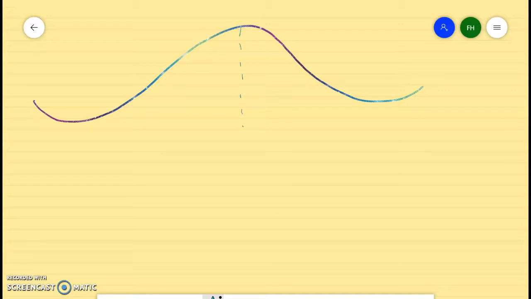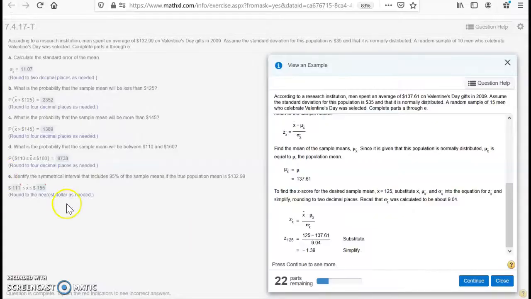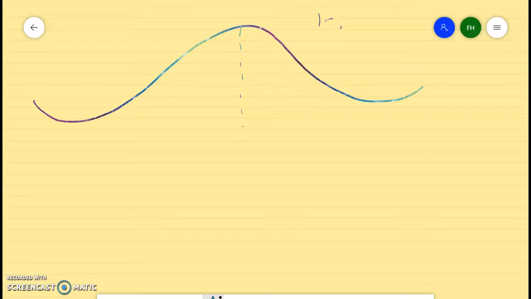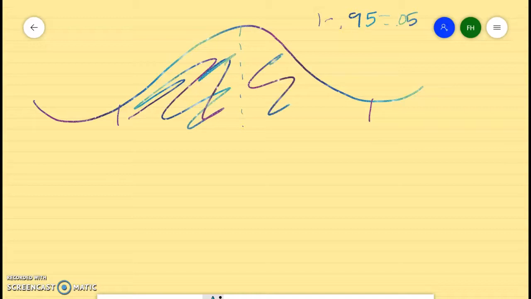So here's the middle, and 95% would only leave 0.05. So the interval would include 0.475 on this side and 0.475 on this side, which would add up to 95%.